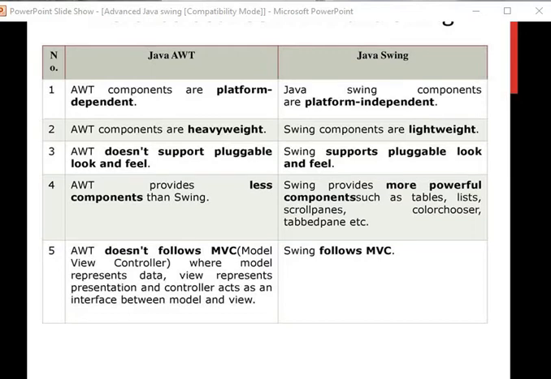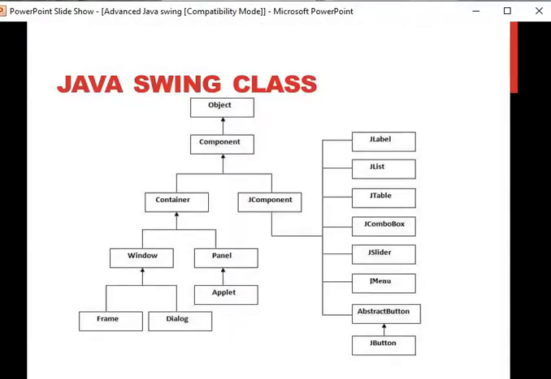Now we will see how to create Java Swing components. In the Java Swing class hierarchy, there are Object, Component, Container, JComponent, Window, Panel, Applet, Frame and Dialog.